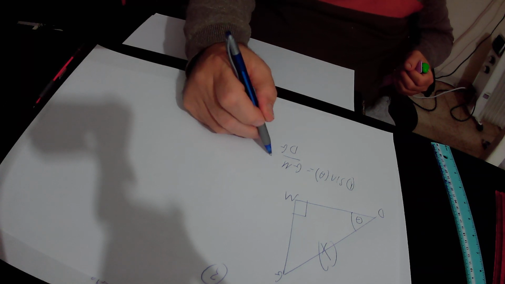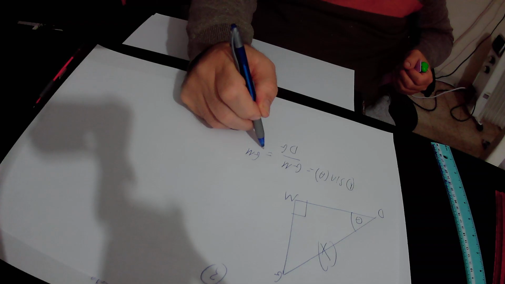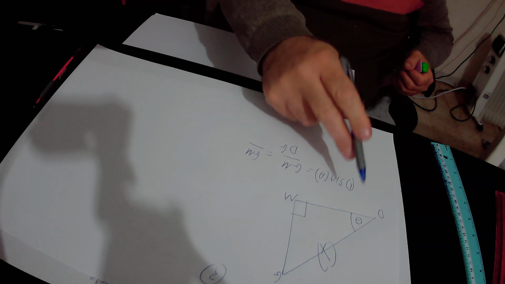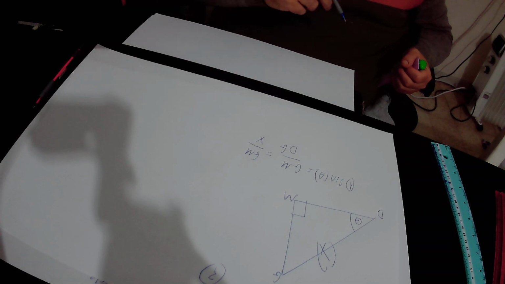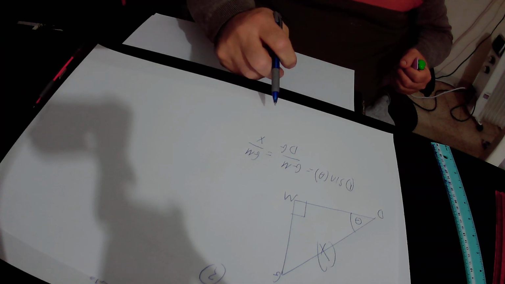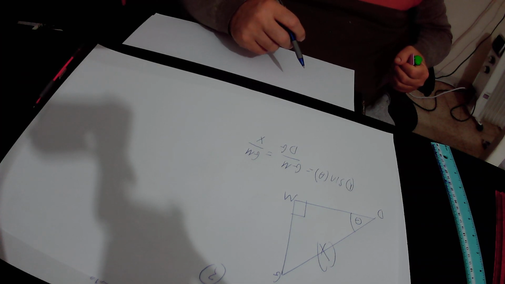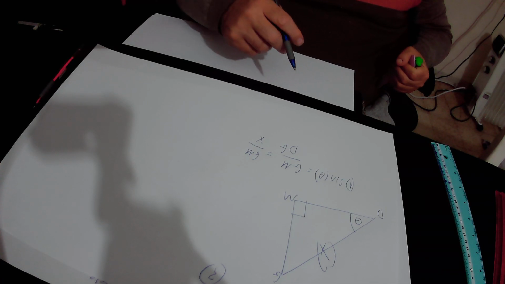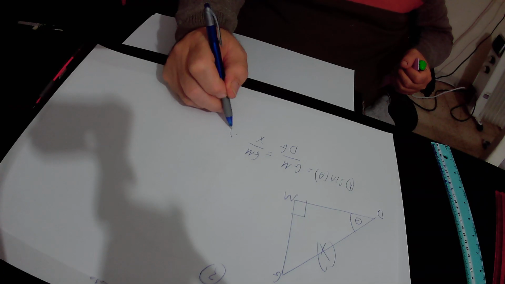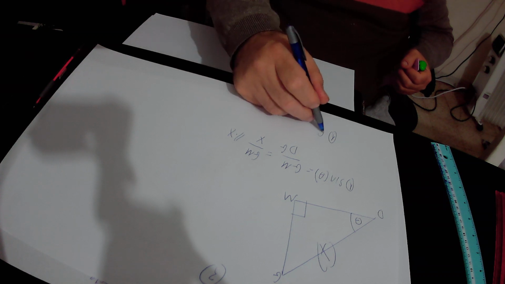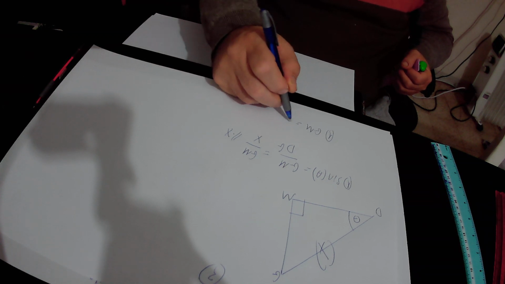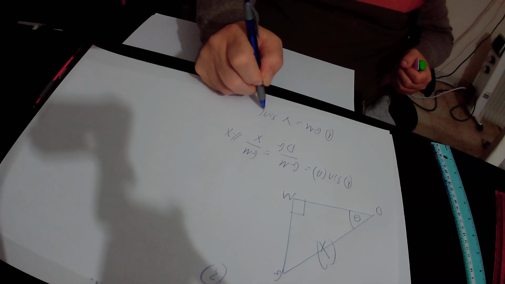So sine theta equals GM, that is the missing side, so we leave it as it is, over DG. DG equals x, therefore substitute DG by x. So in conclusion, sine theta equals GM over x. Here we will multiply this equation 1 by x, and we get that according to equation 1, GM equals x times sine theta.